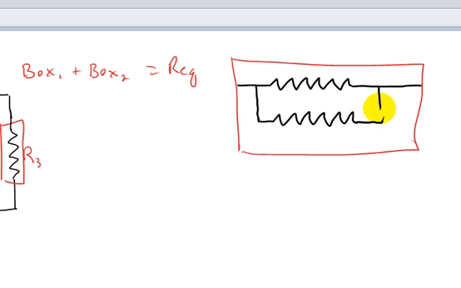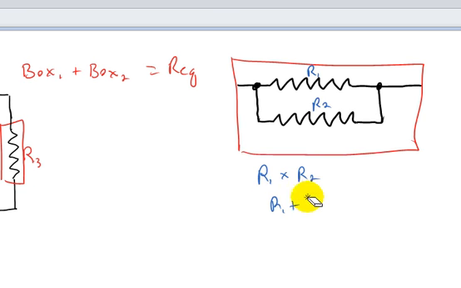And to find two resistors in parallel, remember that this is R1, this is R2. When two resistors are in parallel, there's that little shortcut that says you can take R1 and multiply it by R2 and divide it by R1 plus R2.